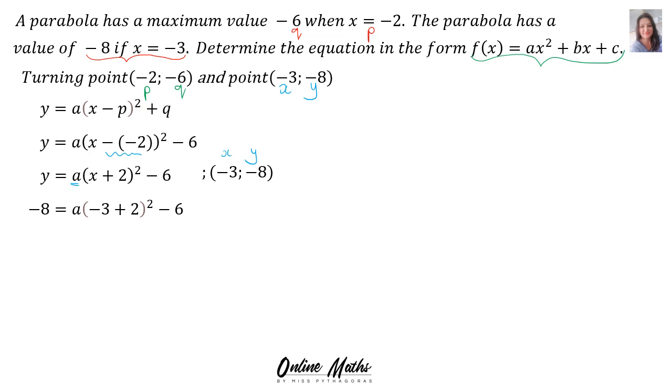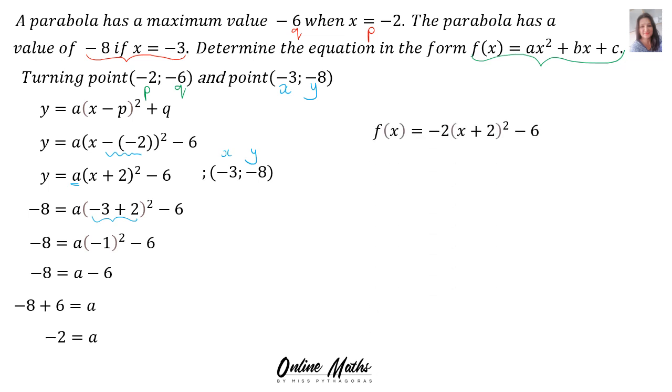And then we solve for a. Inside the bracket here, you can say minus 3 plus 2 is negative 1. Squared becomes just a. Minus 6 on the right hand side. Let the minus 6 walk across to the left hand side and it becomes negative 8 plus 6 is equal to a, and a's value is negative 2.